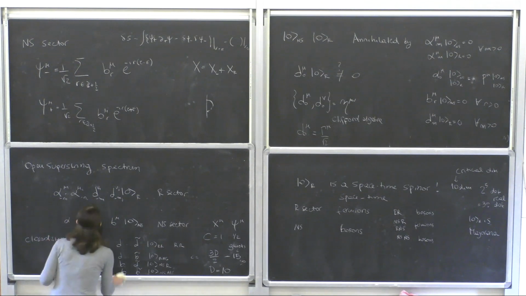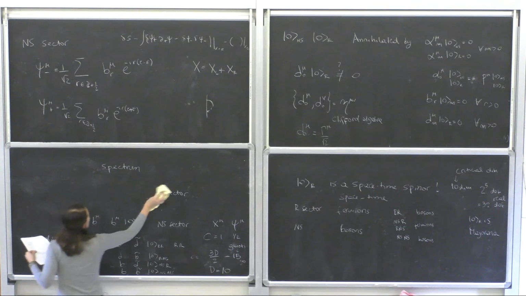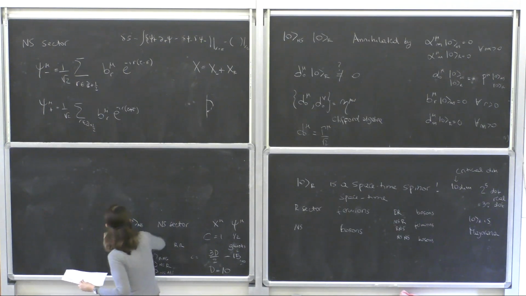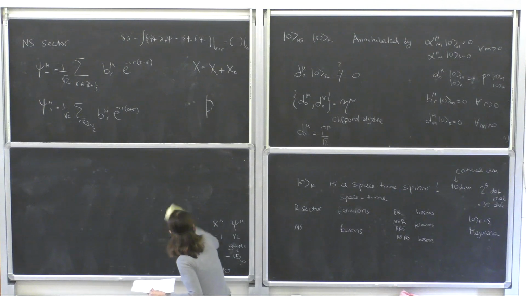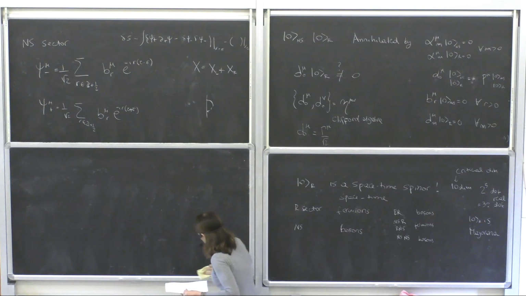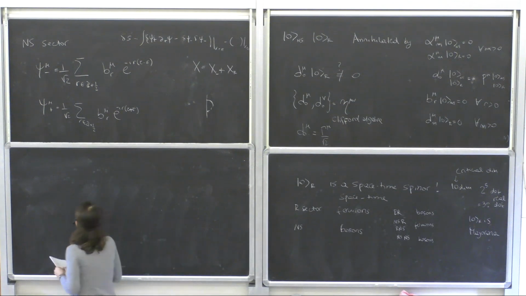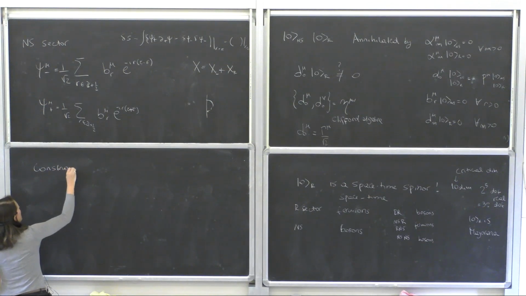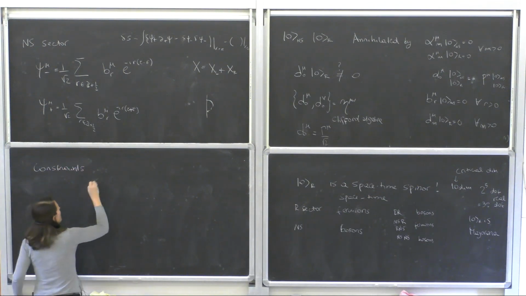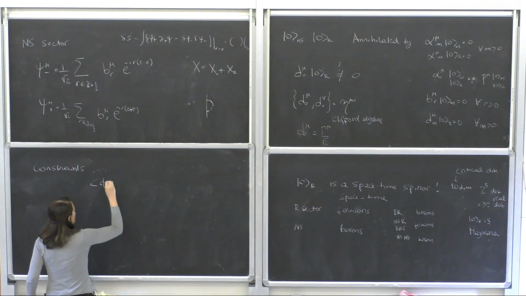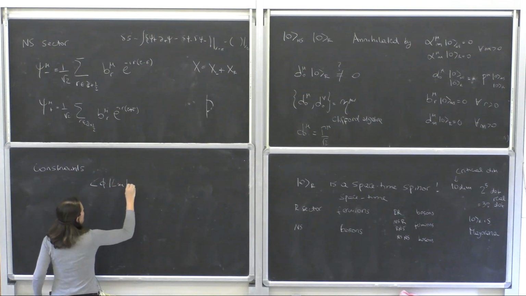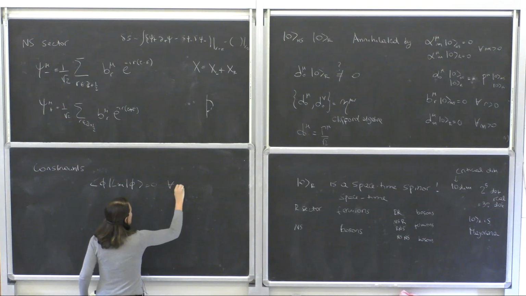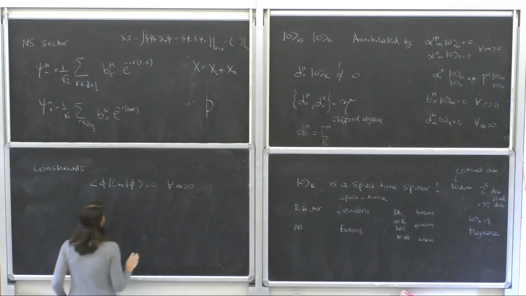So now physical states should satisfy: the constraints that the energy momentum tensor and the supercurrent have to be 0 turn into phi Lm phi equals 0 for all m greater than 0.